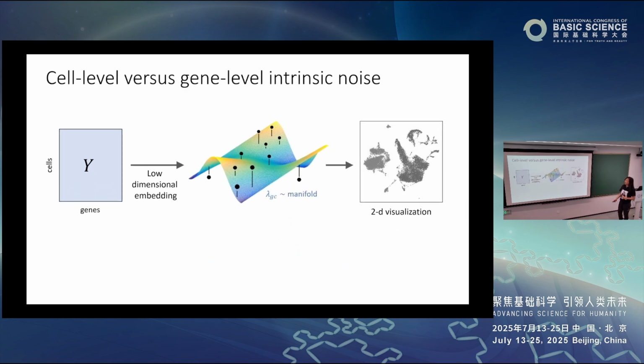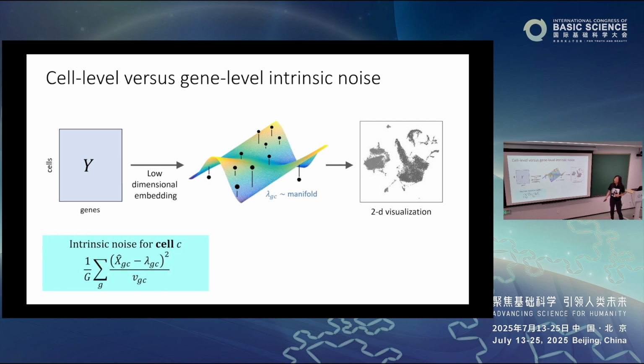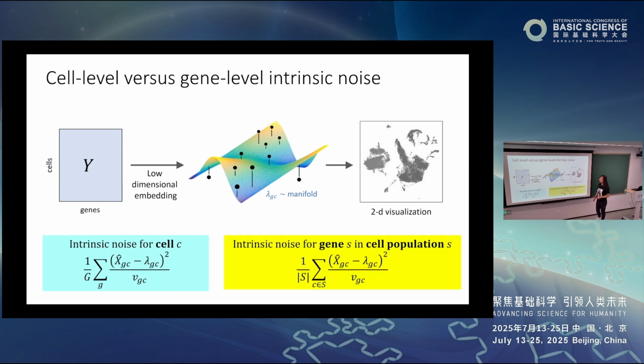Given this insight, the mathematics is quite simple. We developed two measures of entropy, one at the cell level and one at the gene level. You give me a cell, I can tell you how messed up it is, and you give me a gene, I can tell you how much entropy there is in that gene for that group of cells. Basically, it's based on distance from the estimated manifold.